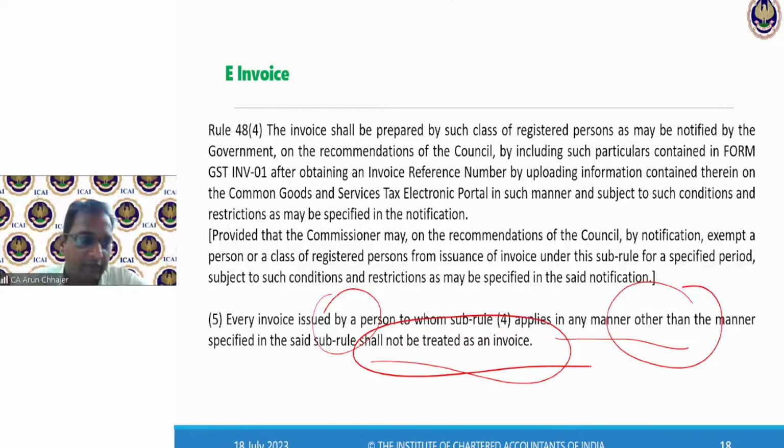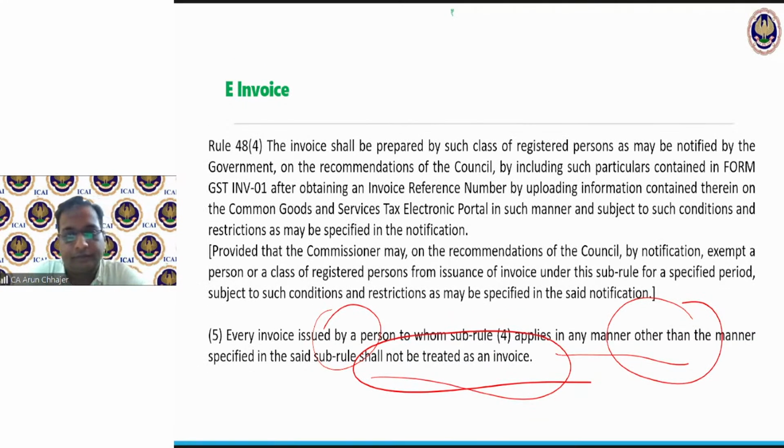Invoice Registration Portal. What is the maximum number of scenarios?